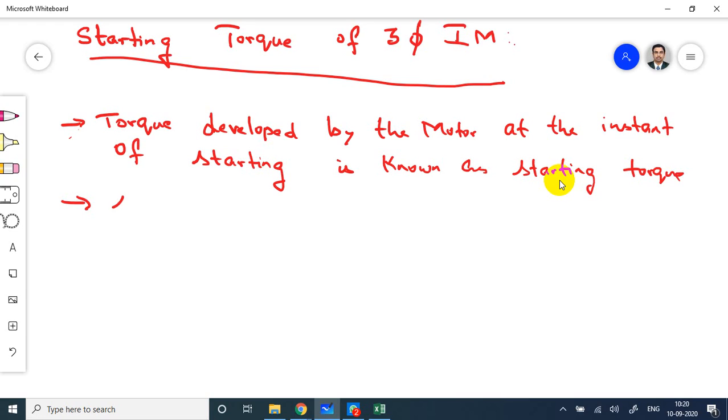The symbol for starting torque is capital T suffix small st.